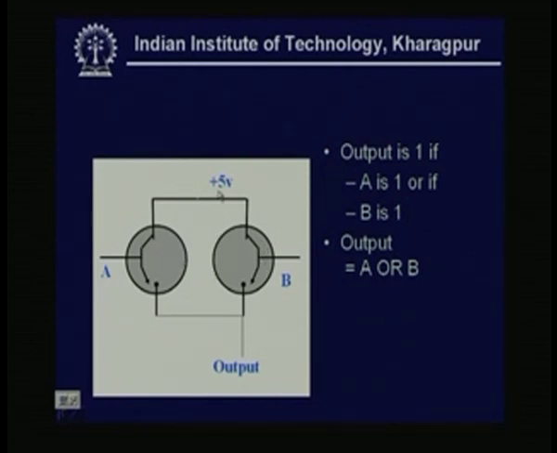Now, say that this line has some plus 5 volt power supply attached to it, connected here. Now, at the base we are applying some input A and here also some different input B. Now, if I change my voltage at these two lines, how will it behave?